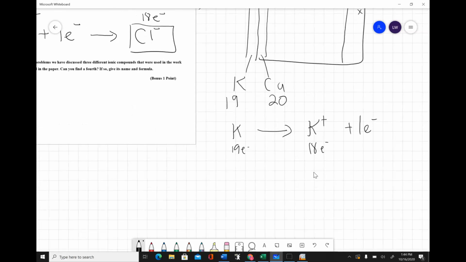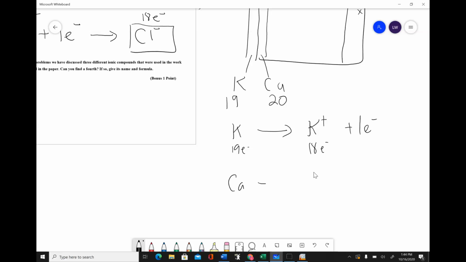If calcium forms an ion, it'll form a +2 ion by losing 2 electrons. A calcium atom has 20 electrons. If it loses 2 and forms the ion, it'll have 18.